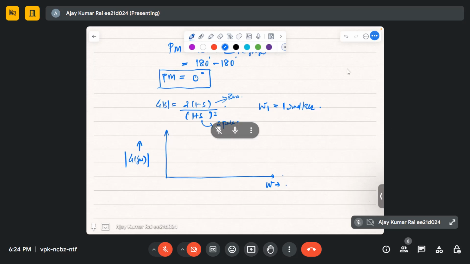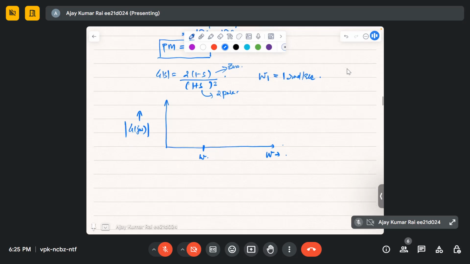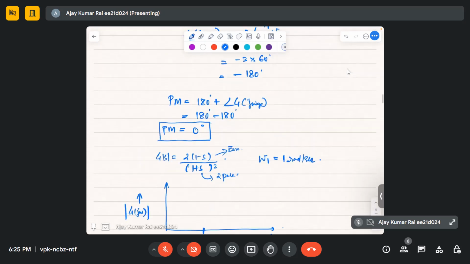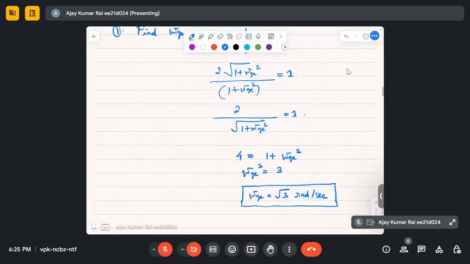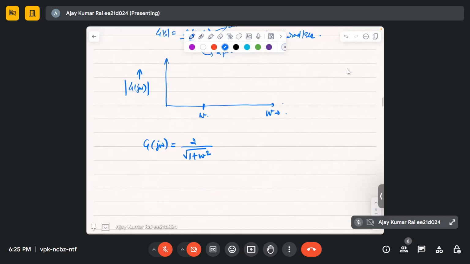Okay, so this is the corner frequency, right? Can you tell me what is the slope? Let's find out the slope at higher frequency.